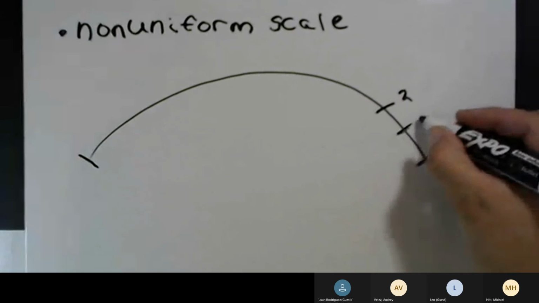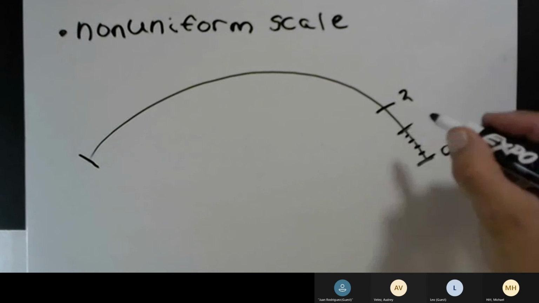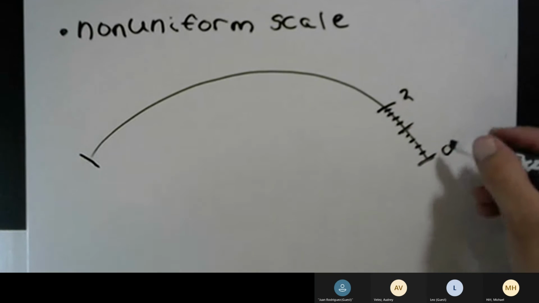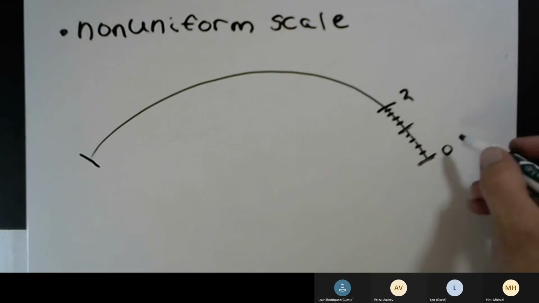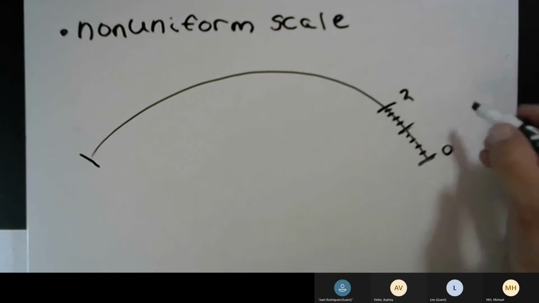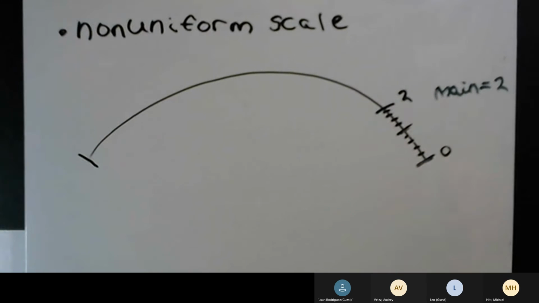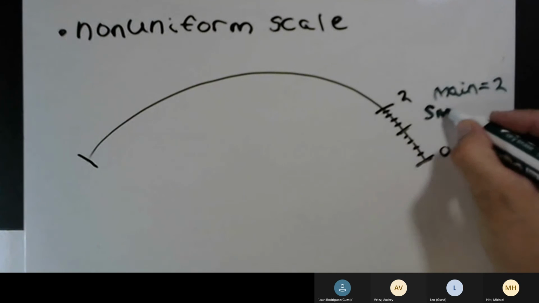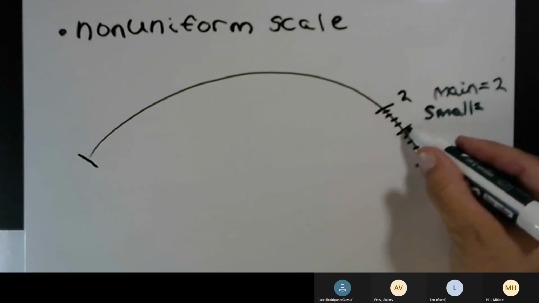So this is going to be 1, this is going to be 0. You can go 1, 2, 3, 4, 1, 2, 3, and 4. Now what's going on here is we have 0, 2, and 1. So it looks like our main scale, based on labeling, is going to be 2. But then our smallest scale, well, this is 1.